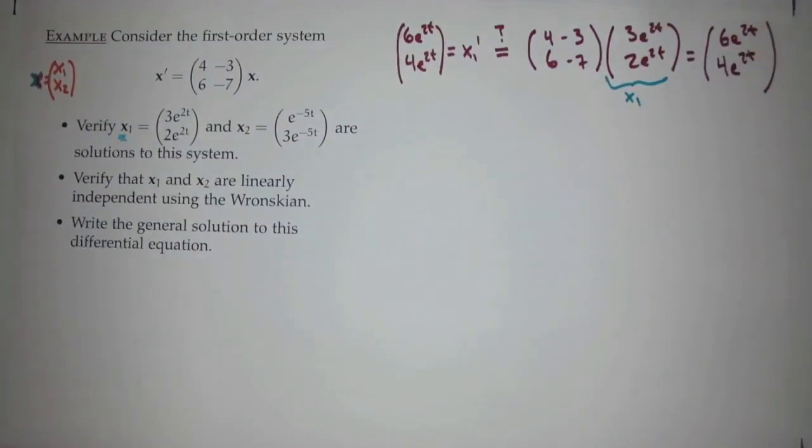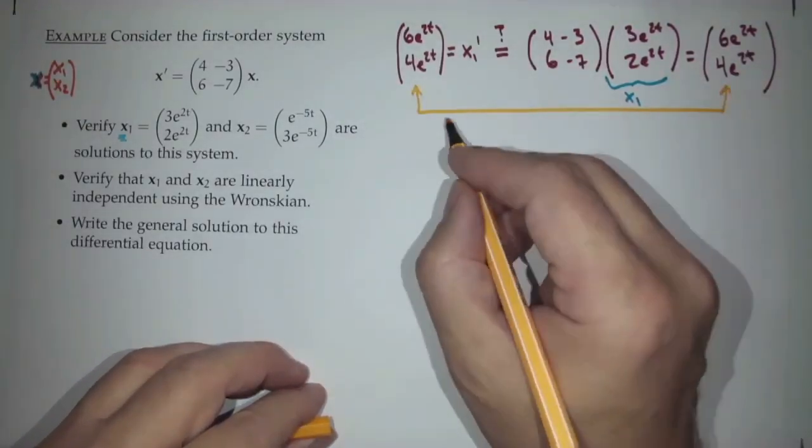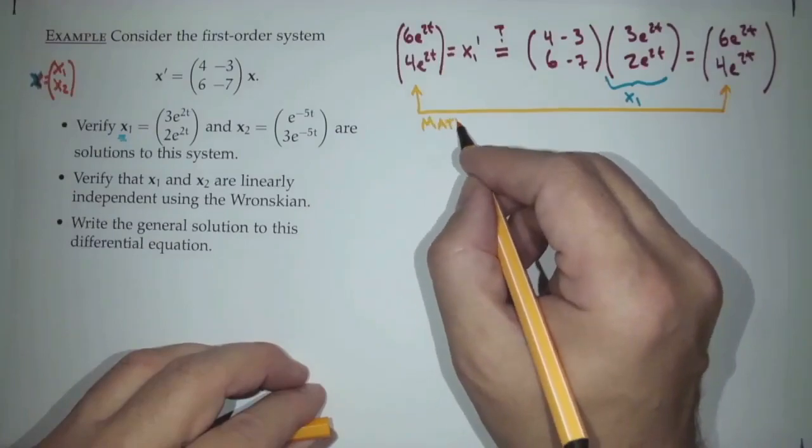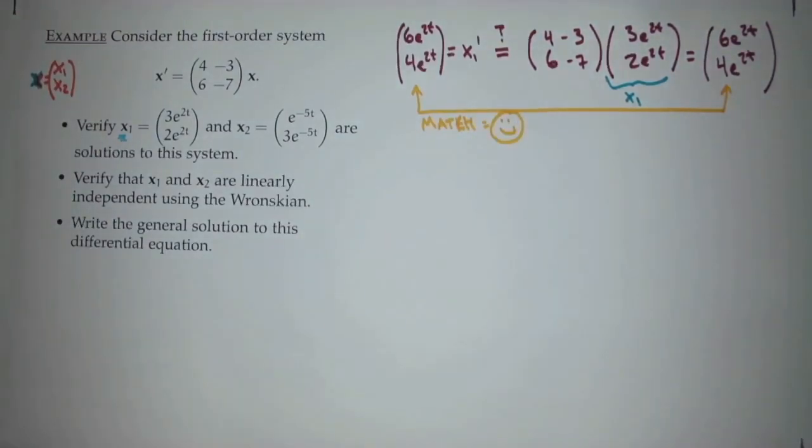And what do we see? They match. Yay! Woohoo! Match. And that makes us happy, because that means it's a solution. All right. So that's the verification for x1.